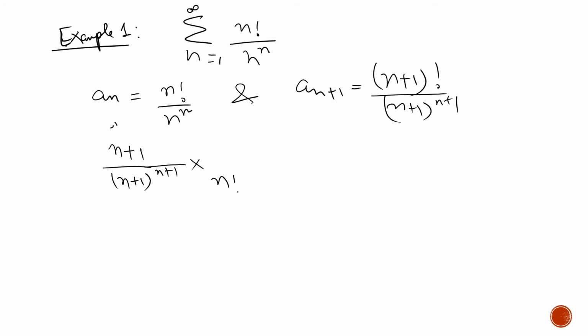So the limit as n tends to infinity of a n plus 1 upon a n is equal to the limit as n tends to infinity of this.